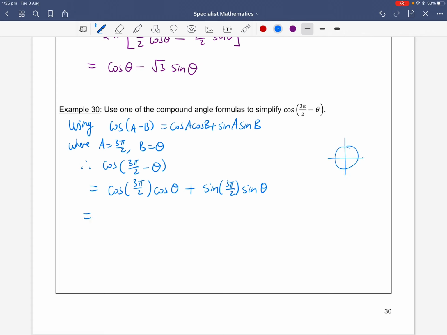Cos of 3 pi on 2, if you think about your unit circle, 3 pi on 2 is the coordinate 0, -1. Cosine is the x value, which means cos of 3 pi on 2 is 0. So that's 0 times cos theta plus sine value is -1 because that's the y value, -1 lots of sine theta. So that just gives us negative sine theta.